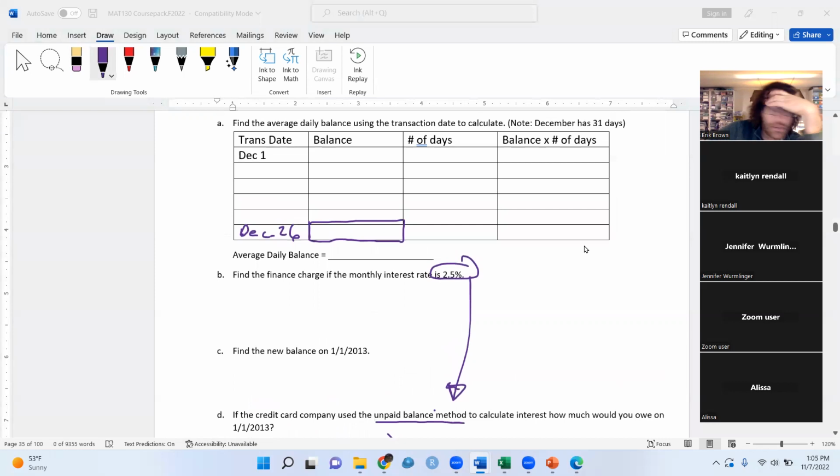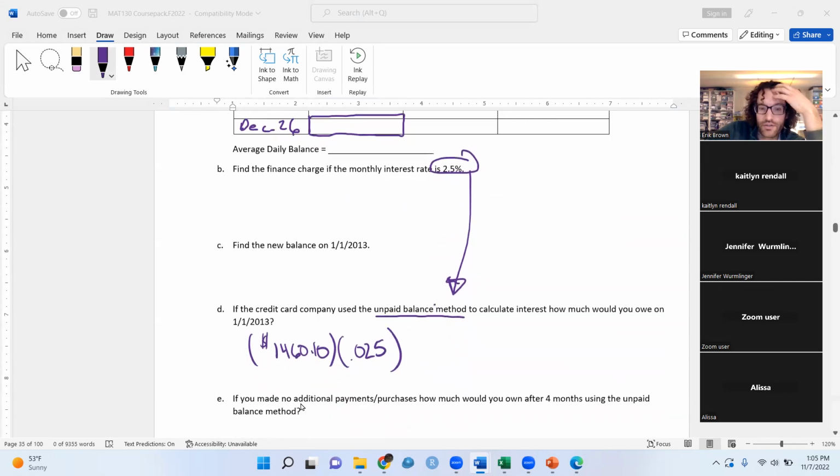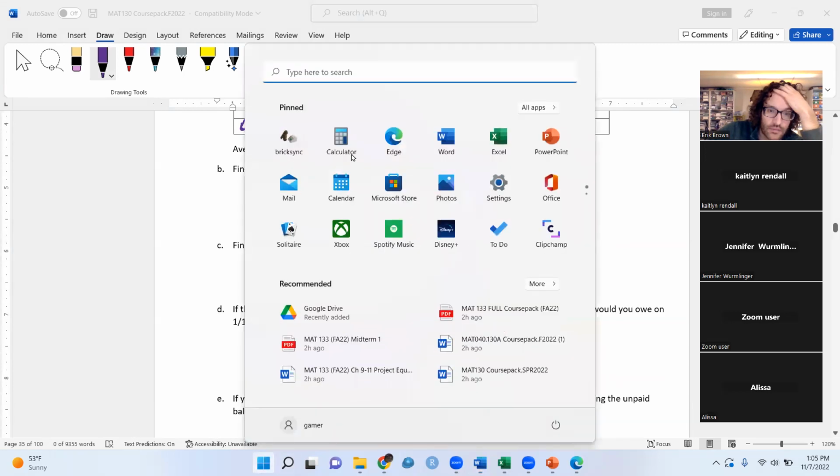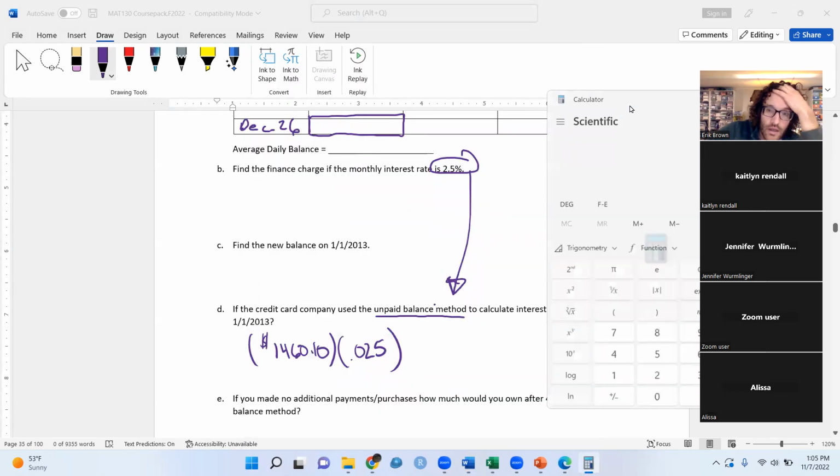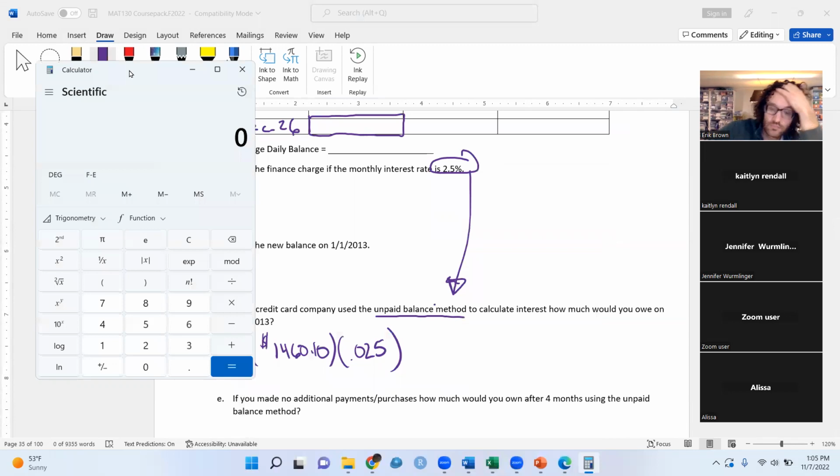Now, what credit card companies really do is a daily interest rate, and they multiply the balance by the days, and it gets even more tedious. So this is not quite right, but whatever. So 1460.10 times 0.025, that means we're going to be charged $36.50.